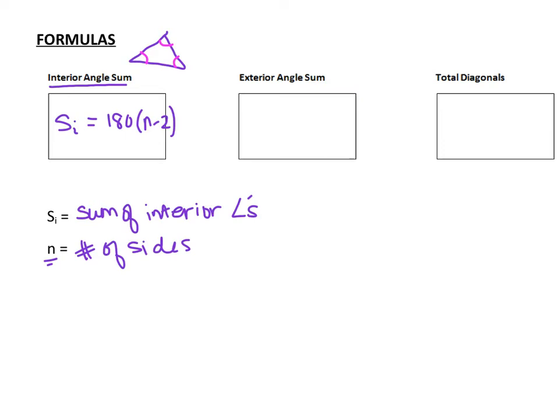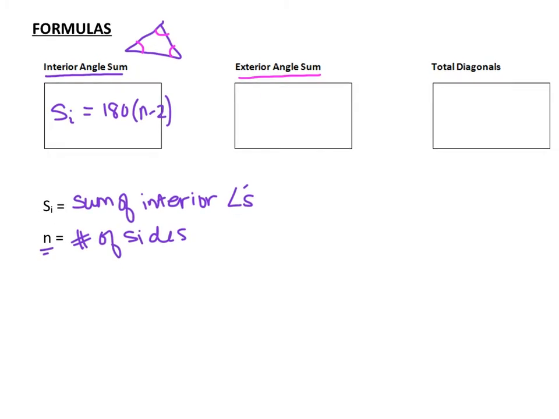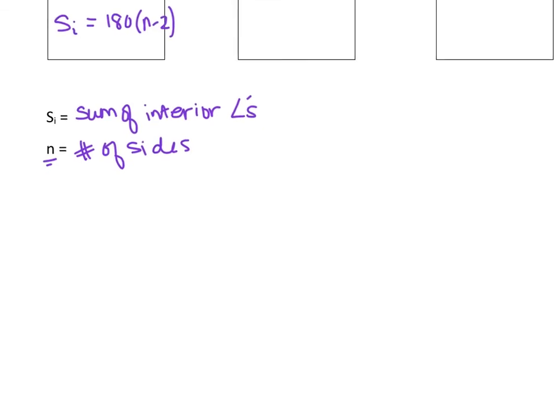Alright, we also want to know the exterior angle sum. I'm just going to draw this down here and talk about exterior angles for a second. Let's say you have a triangle. I'm just sticking with triangle because it's an easy polygon to work with right now. The exterior angles are if you were to extend your sides going all the way around, so extend that, and extend that.